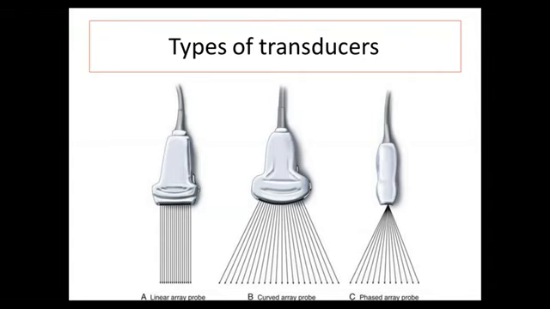Curvilinear array can also be used in lung ultrasound. Phased array, which is typically used more in echocardiography, also can be used in lung ultrasound, but still the best transducer for lung ultrasound assessment is linear array probe.